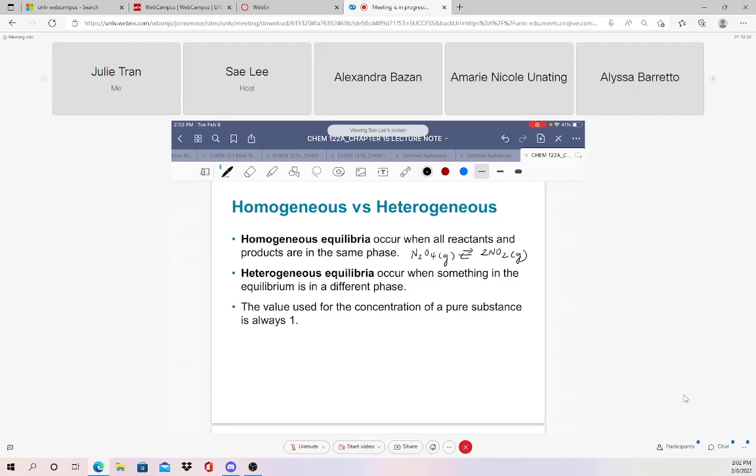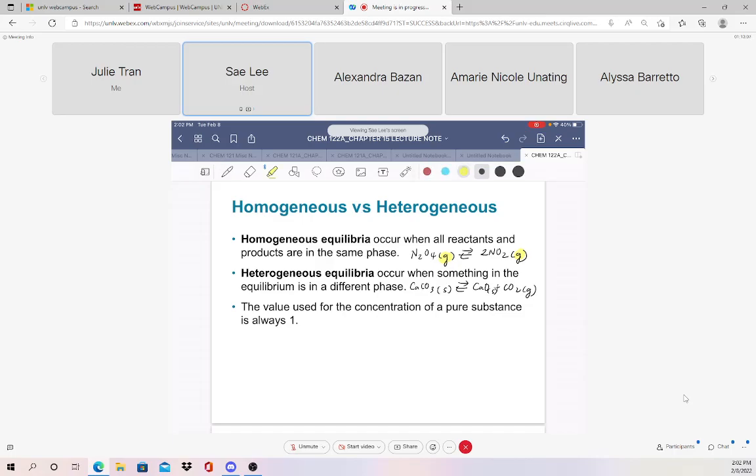Equilibria, where all the substances participating in the reaction are in the same state. They're both in gas state. The reactant is in gas state, the product is in gas state. An example of heterogeneous equilibria would be something like this, where calcium carbonate is in solid state, producing calcium oxide in solid state, plus carbon dioxide in gas state.